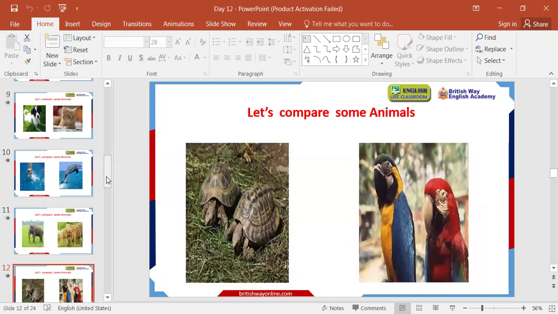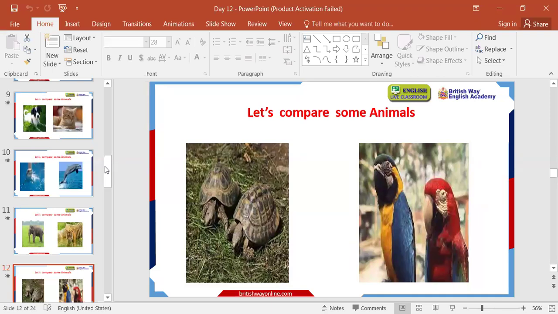Eagle is sharper than parrot. The giraffe is taller than cassowary. Butterflies are more beautiful than frogs. Kiwi is faster than eagle.